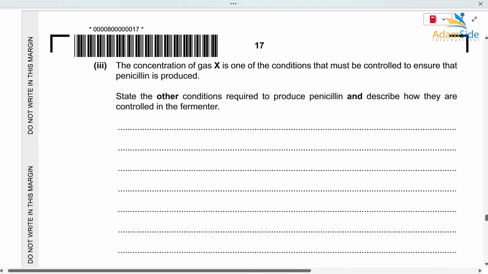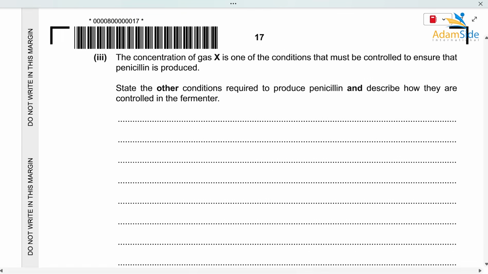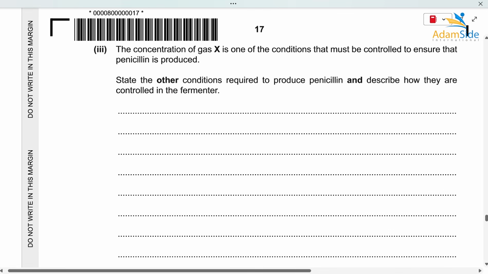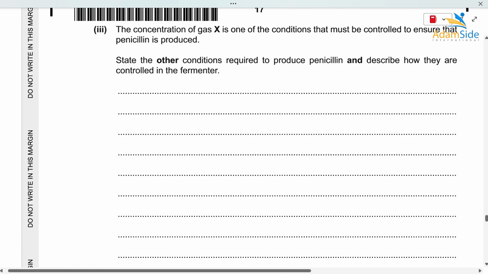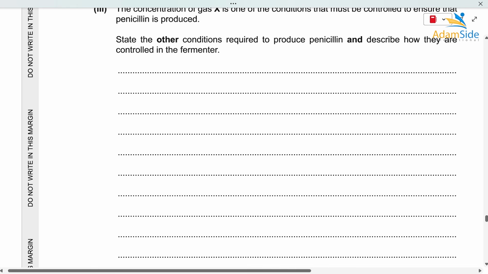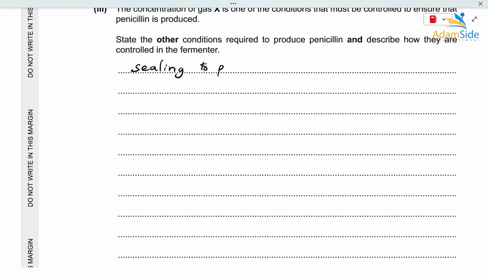The concentration of gas X is one of the conditions that must be controlled to ensure penicillin is produced. State other conditions required to produce penicillin and describe how they are controlled in the fermenter. Okay, first of all, sealing the fermenter to prevent contamination.